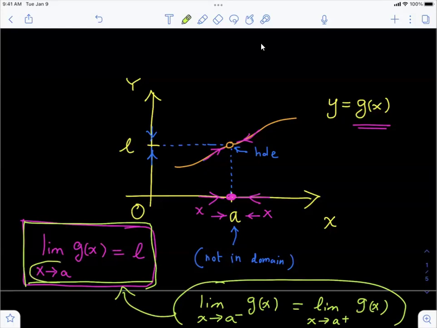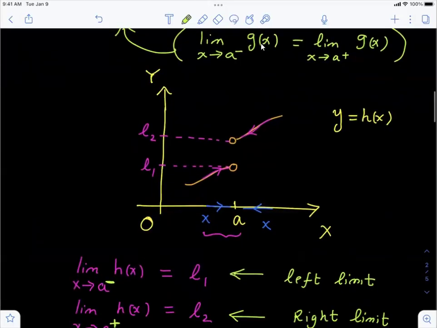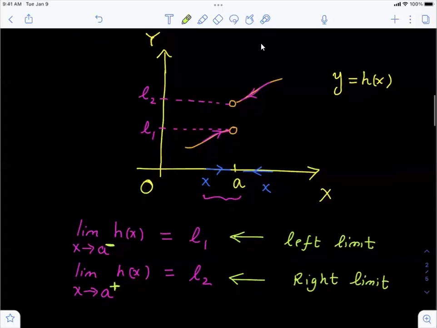The way to talk about the general limiting value is not to use either plus or minus superscript beside a. Here we consider minus and here we consider plus. So without considering the left approach or the right approach, you can simply put a right there and say the limiting value of function g of x when x goes to a is none other than just L.